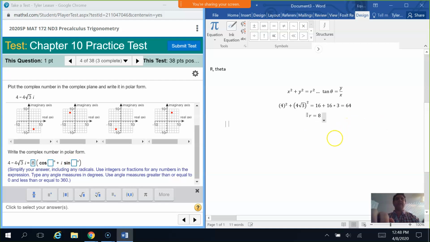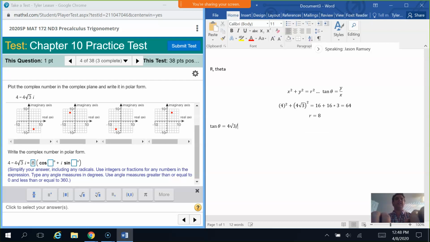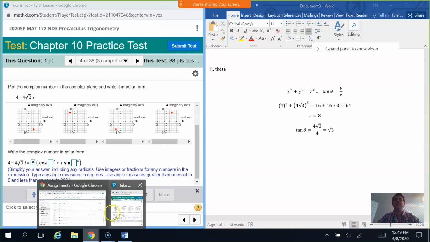Okay, now we just have to find the angle. We get the angle by doing tangent of theta, and that's going to be equal to the y value, 4 root 3, divided by 4, which is just root 3. All right, so this is where you really need to be careful when finding the theta, and it all comes down to the unit circle.